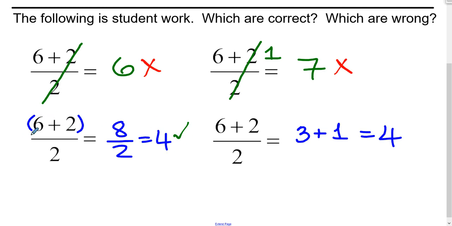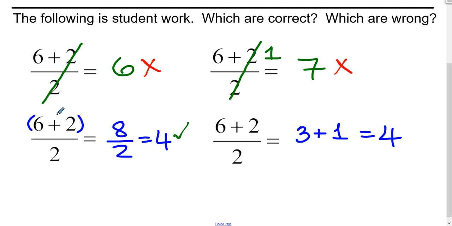Okay? It may seem like this is just arbitrary, like, how did you know that you could draw parentheses there? Well, if it's around the entire numerator or around the entire denominator, you can do that. Because remember, what's the first thing that comes in order of operations? Parentheses. Okay?